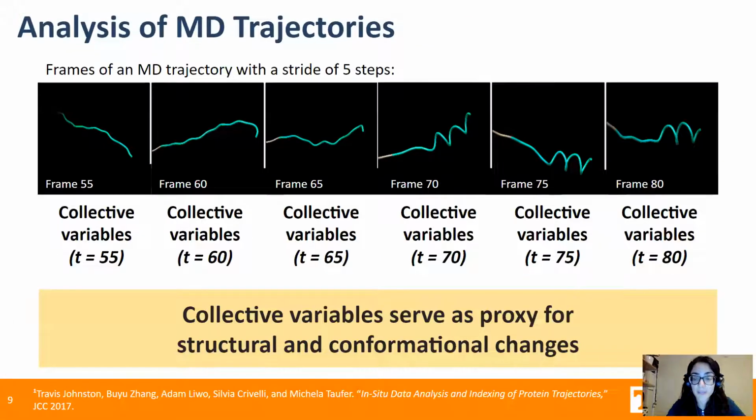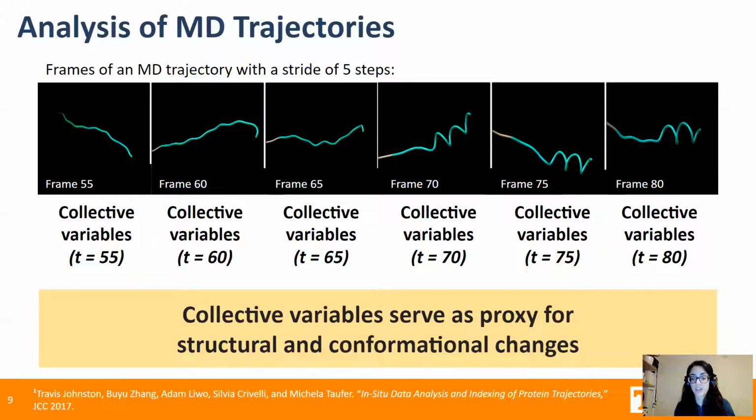Typically, what is done to understand and capture these events is to go through these frames that I mentioned before, and we capture what is called a collective variable, which is essentially a mathematical abstraction that reduces the dimensionality of the system.